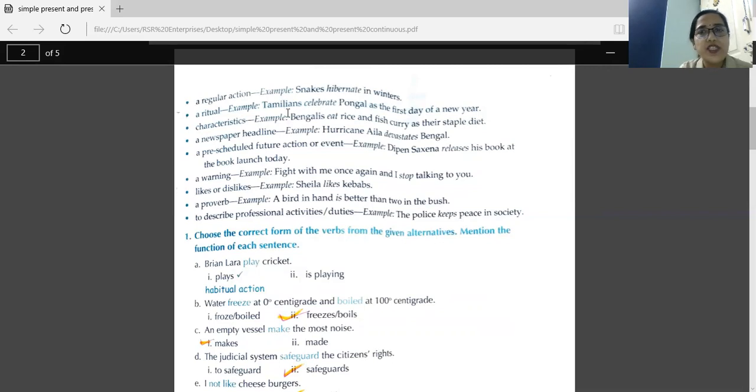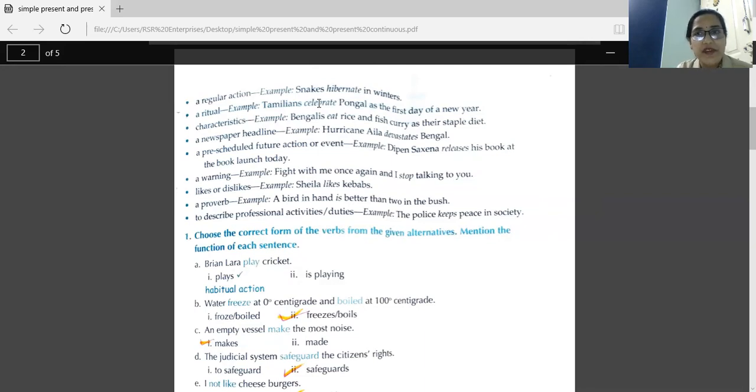Next one, a ritual. Ritual, custom, tradition. There you have to use simple present tense. See this example. Tamilians celebrate Pongal as the first day of a new year. So it's a ritual of Tamilians. You have to see the verb. This is the action which is done in this sentence.